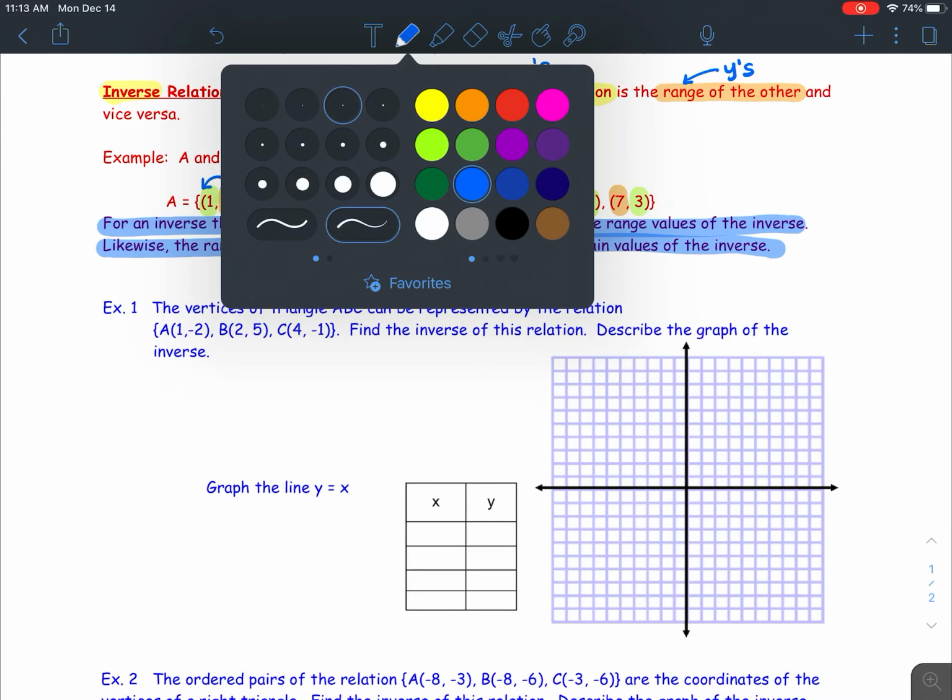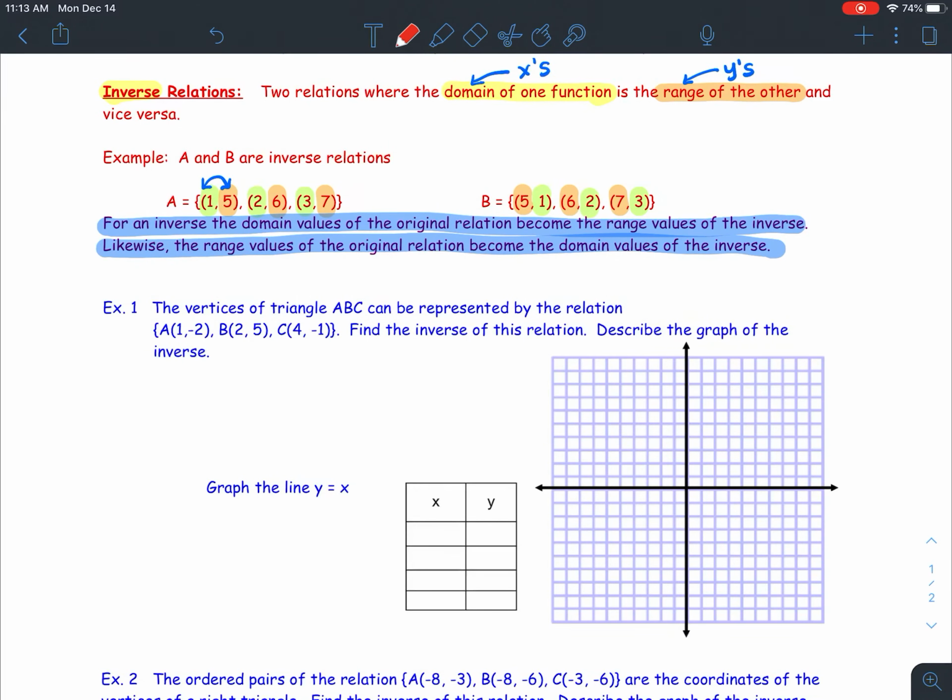It mentions that the vertices of triangle ABC can be represented by the relation, and then they give you these 3 points here. So I'm going to plot those 3 points and label them A, B, and C. At the point 1, negative 2, we're going to call that point A. At 2, 5, right here, we're going to call that point B. And then 4, negative 1, that will be point C. Oops, I plotted that wrong.